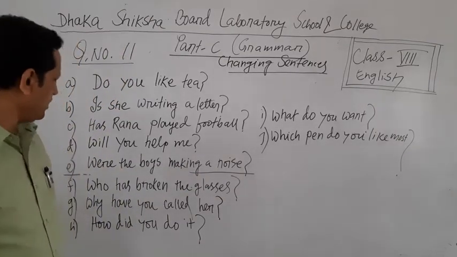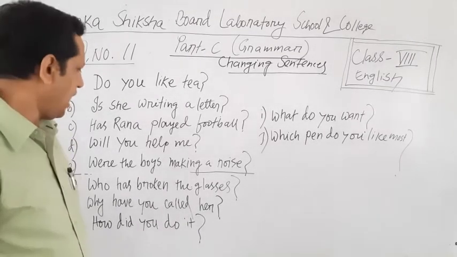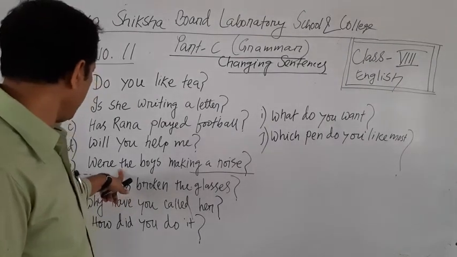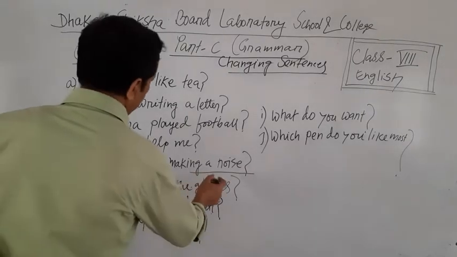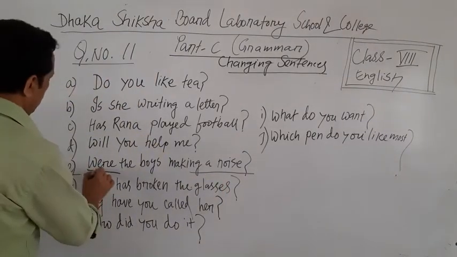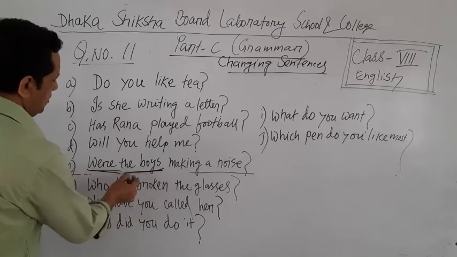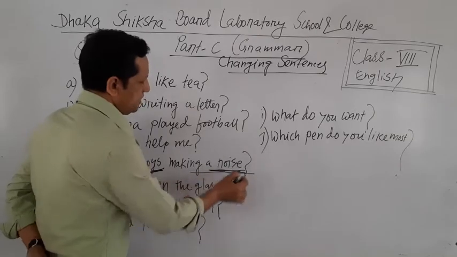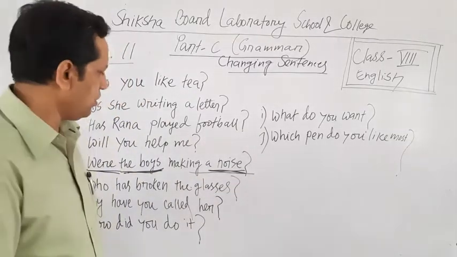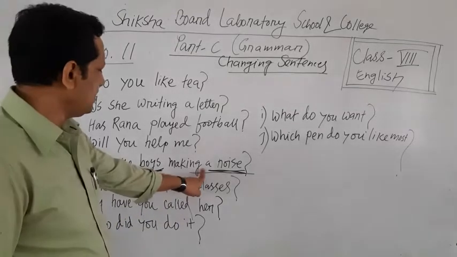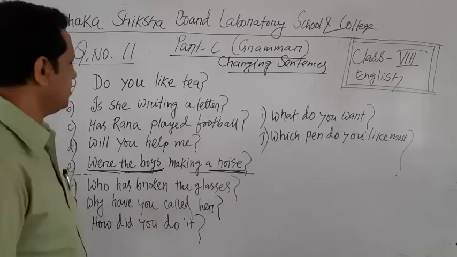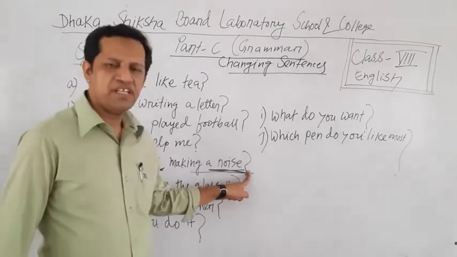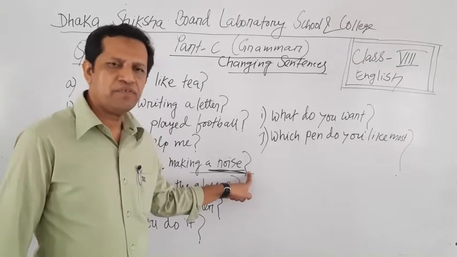At the very beginning we have used was, whereas the boys is a plural subject, but here noise is singular. That's why we have used was a noise being made by the boys. At the end you have to use the sign of interrogation.